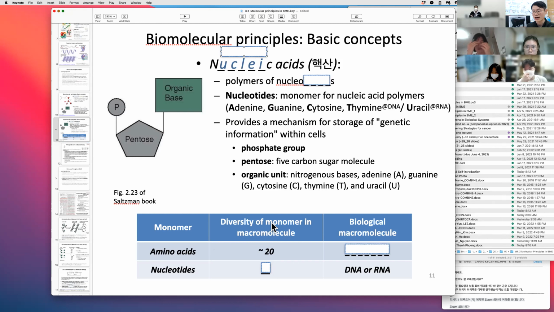Amino acid has diversity of monomers in a macromolecule. There are 20 kinds of amino acid, and the biological macromolecule from the amino acid would be, let's see. Professor, can you guess what this is?